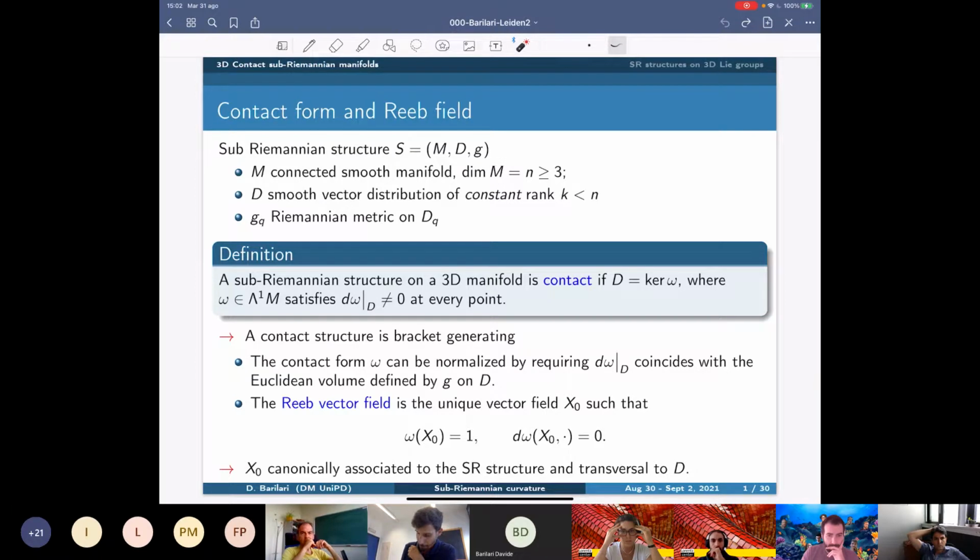Then we can also define the Reeb vector field, the unique vector field X0 such that omega of X0 is 1 and X0 is in the kernel of d omega. We have already seen this notion in the previous talk, but let me recall it for completeness. This X0 is canonically associated to this Sub-Riemannian structure and is transversal to the distribution.